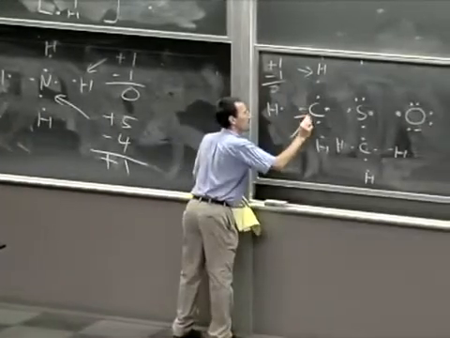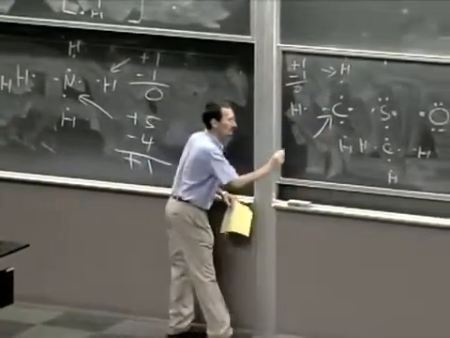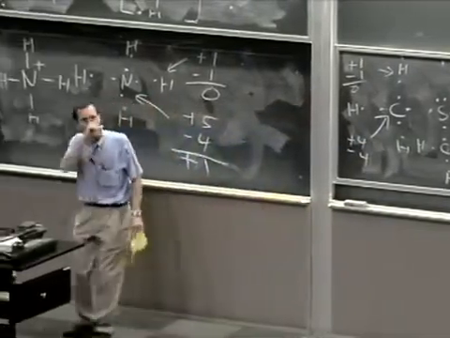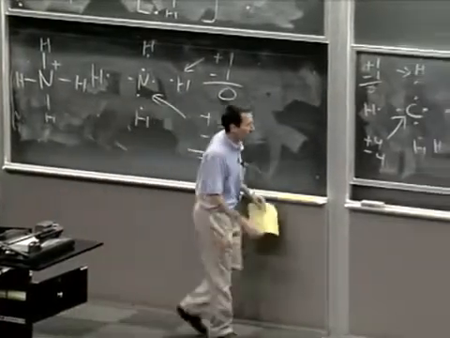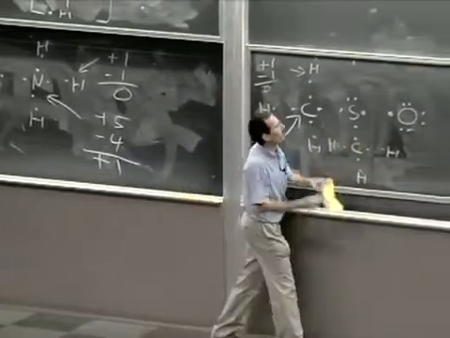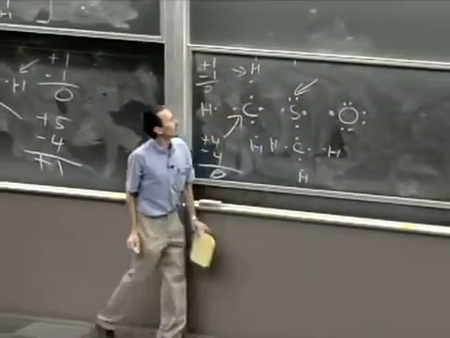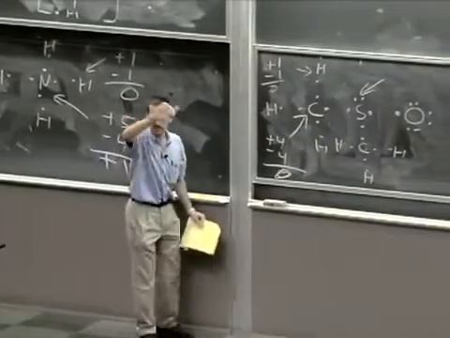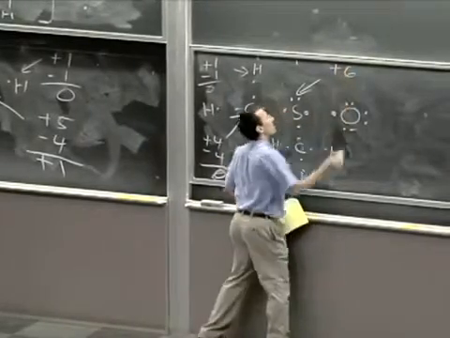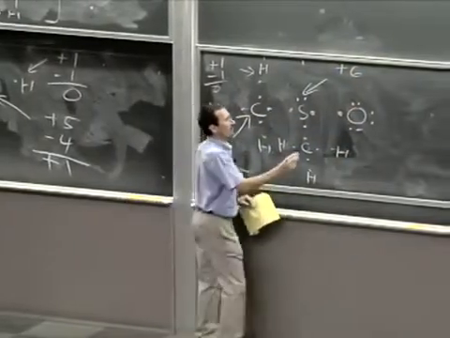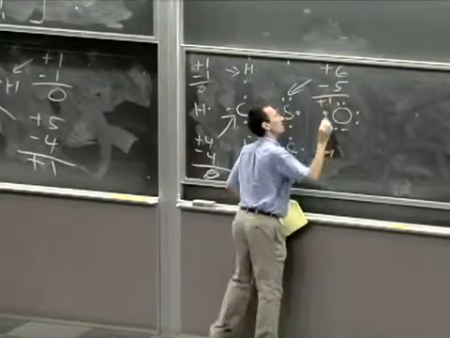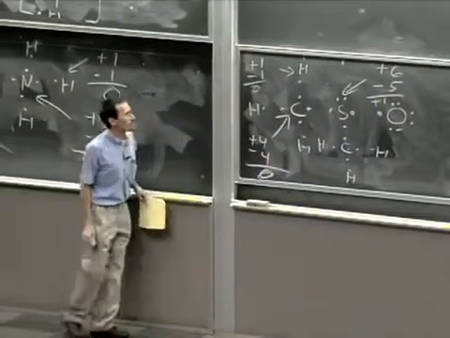The carbon probably comes as no surprise. +4, -4: it brings to the table 4 nuclear charges, and we've given it 4 electrons, so we're 0. The sulfur brings to the table, it's in the same row as oxygen, so it's +6. And yet we only have 5 electrons, so its net charge, its formal charge, is +1.